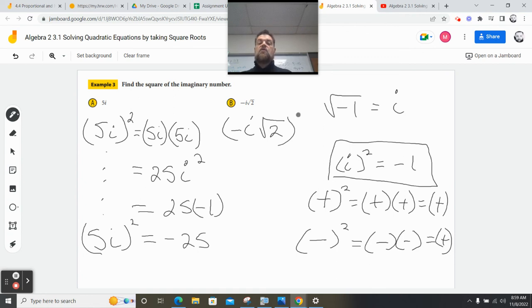So now if I square this, the square root of 2 squared, in other words, this is going to be i root 2, -i root 2 times -i root 2. This is going to be a positive i squared, and then root 2 times root 2 is just 2.